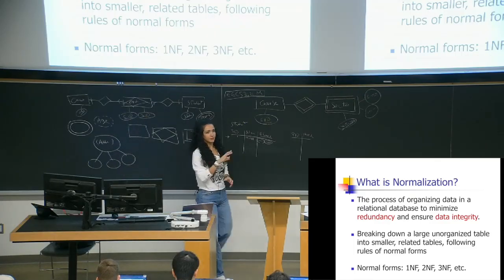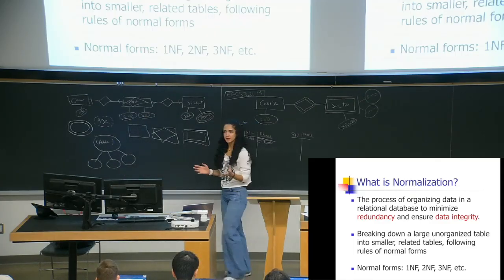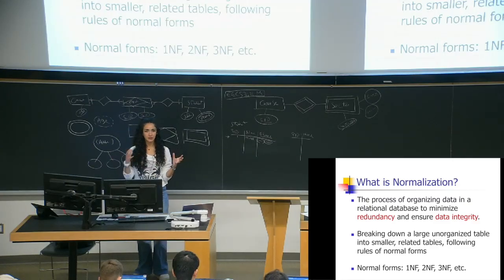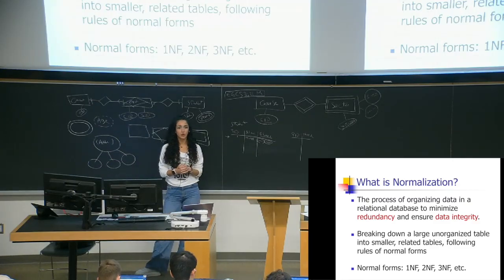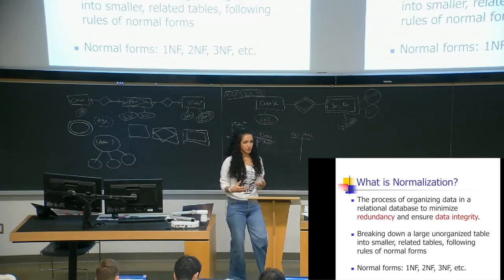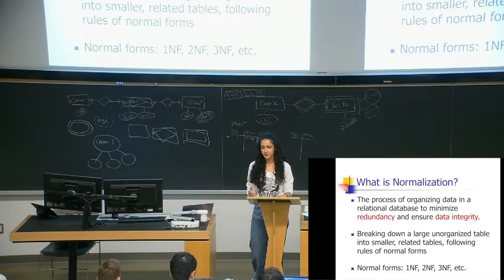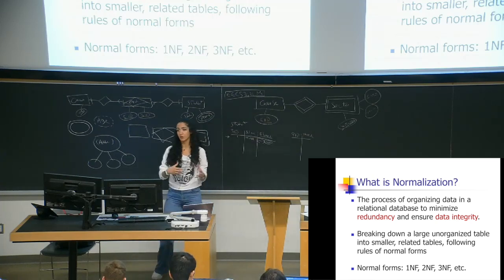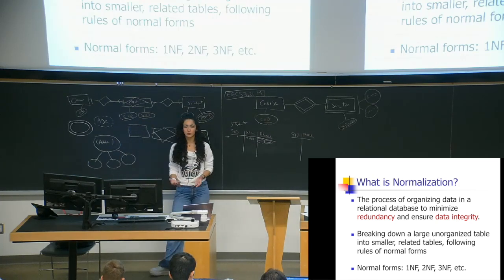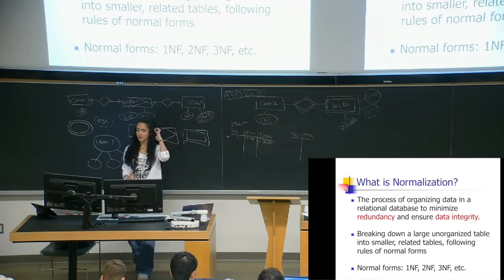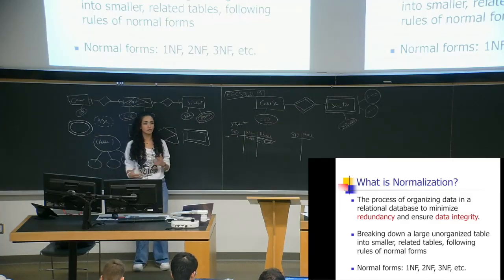If I want to summarize it in one sentence, it's the process of breaking down a large table into smaller tables, or getting rid of dependencies. In order to understand normalization, I think the first step is that you understand the problem in the tables and why we need normalization, right? So the problem is dependencies. So we have to know the different types of dependencies or anomalies that can appear in the tables so that we may need to do normalization.